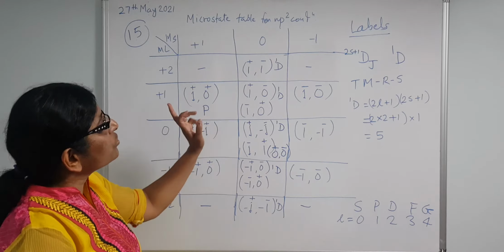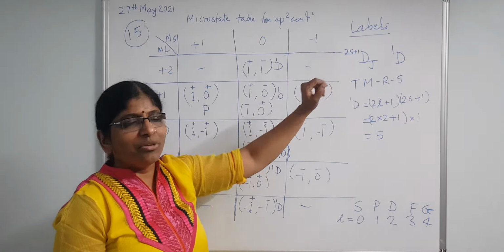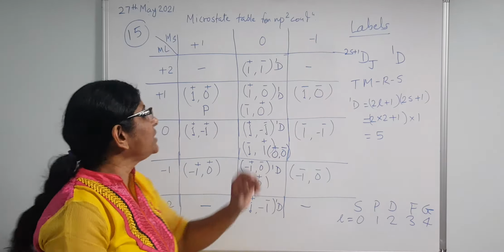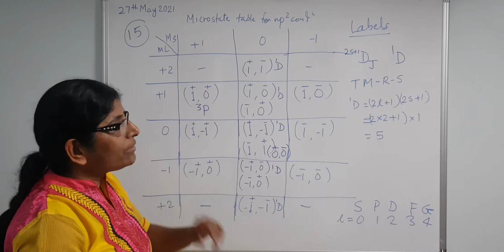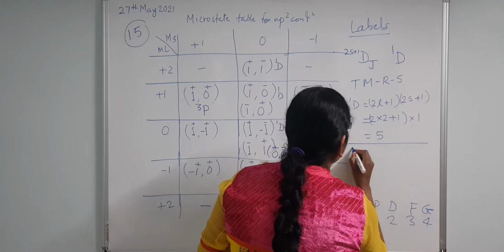So we substitute again in the 2S plus 1 formula, which gives total multiplicity: 2 into 1 plus 1 will come 3. So it is 3P.